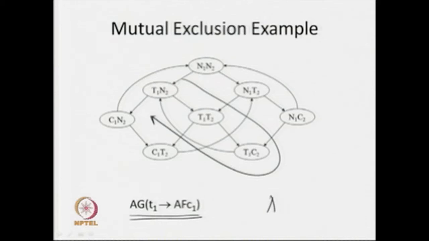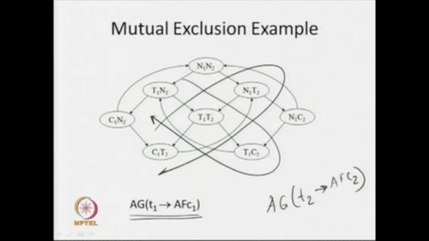Similarly, for process P2, I am having AG, T2 implies AF C2. Since this property is not true, similarly, this property is also not true, because we are going to get this particular path over here, where process P2 is not getting any chance to enter into the critical section.